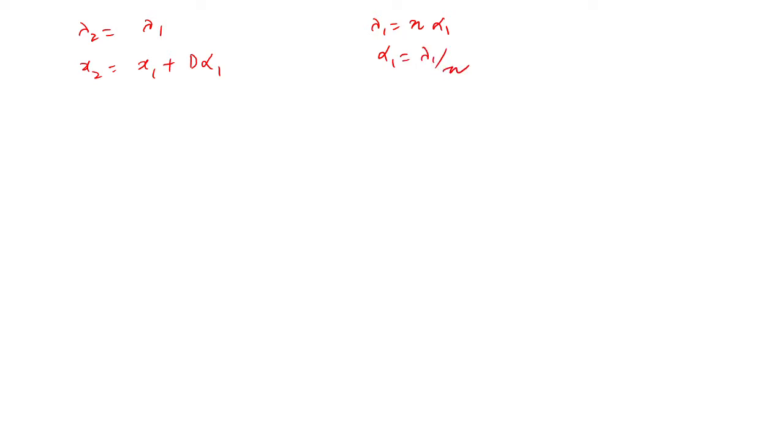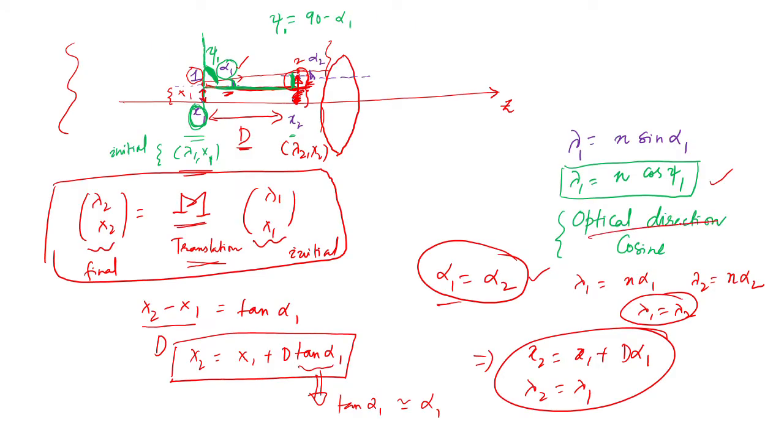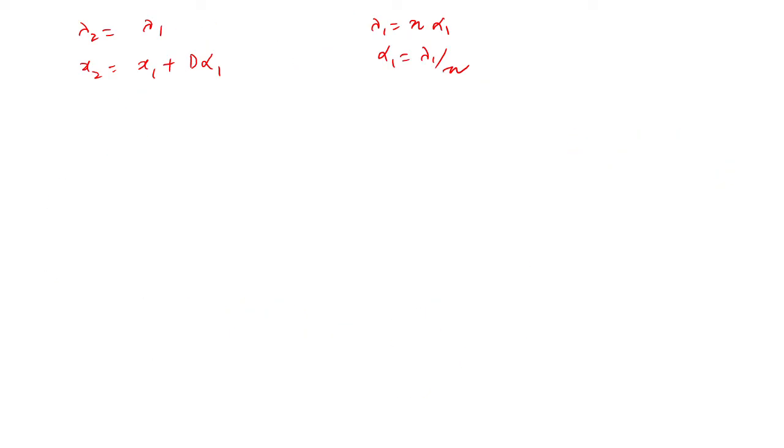Because remember what I said, that we defined this direction cosine, right? And we want to represent everything in terms of lambdas and x's. And so we want to remove any other terms like this alpha 1 here. So to do that, we go back to the definition of lambda 1 and rewrite alpha 1 as lambda 1 over n. So that is equal to x1 plus d times lambda 1 by n, right?